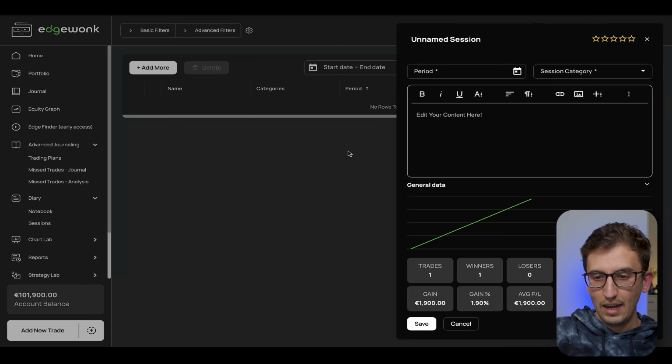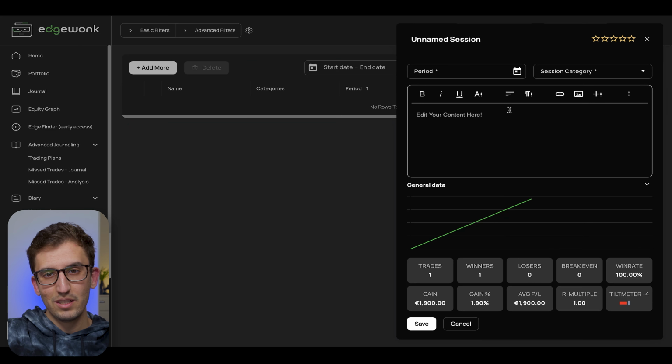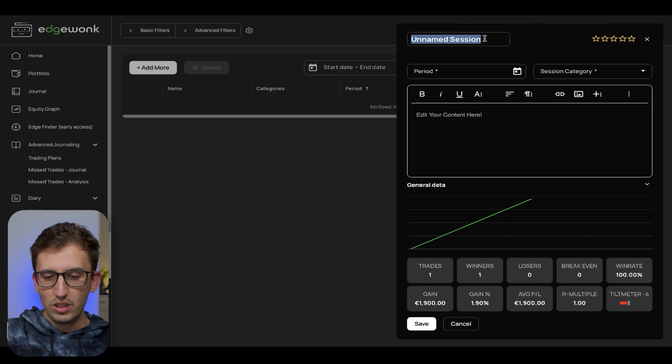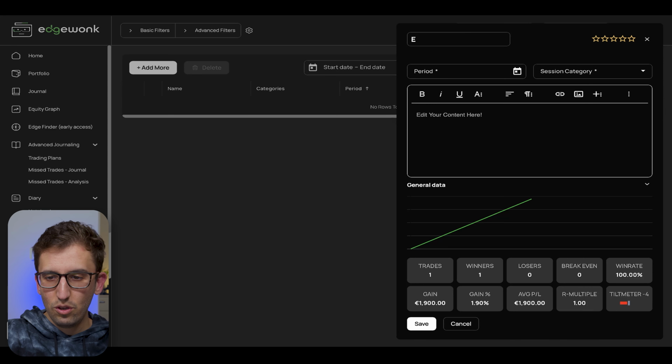So for example, let's say today I want to journal this. I've got my normal journal that you saw earlier, but maybe you want to create like a little session where all you see is what you wrote. So you could write here in your session, you could say EU, and you could maybe write the date 2011 or whatever. And you could say CPI day, broke rules, or whatever you want to say.